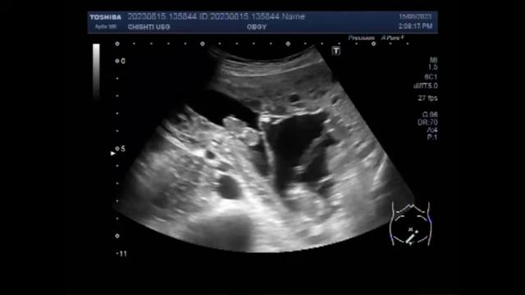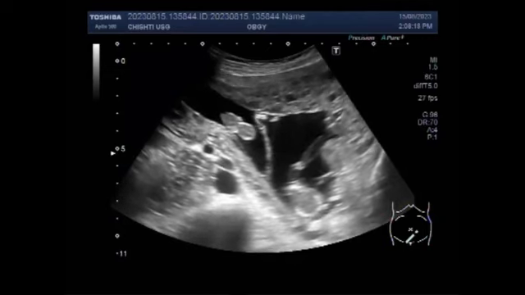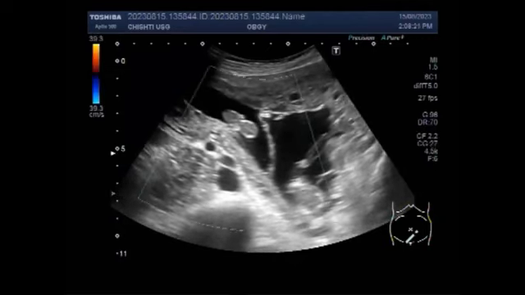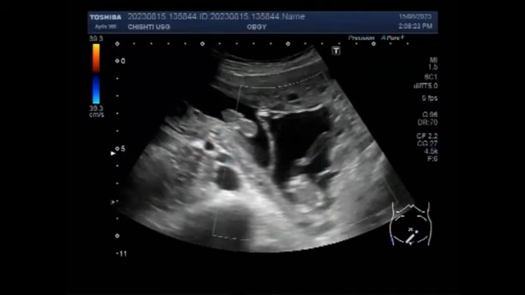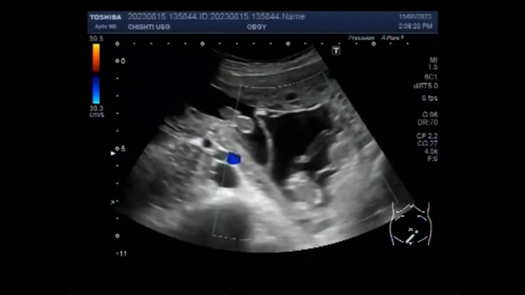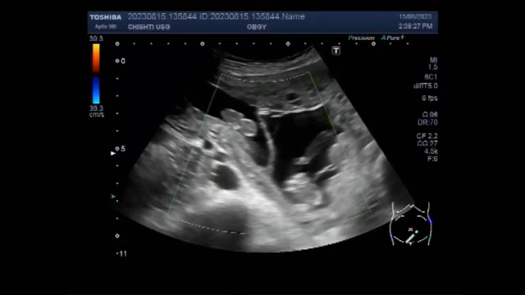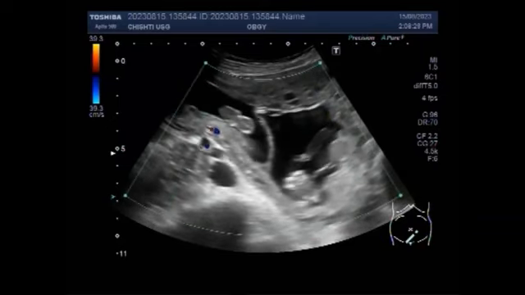Vaginal bleeding during the first 3 months of pregnancy is usually seen.